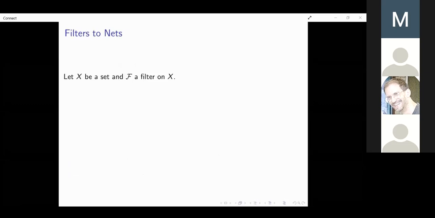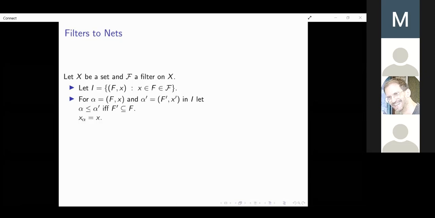How do we go back? Let's take a filter F on a set X, and we're going to create a net whose tail filter is equal to F. We take as our index set pairs (x, F), where x is an element of F and F is in our filter, and we order it by reverse inclusion on the first component, so on the set in the filter.